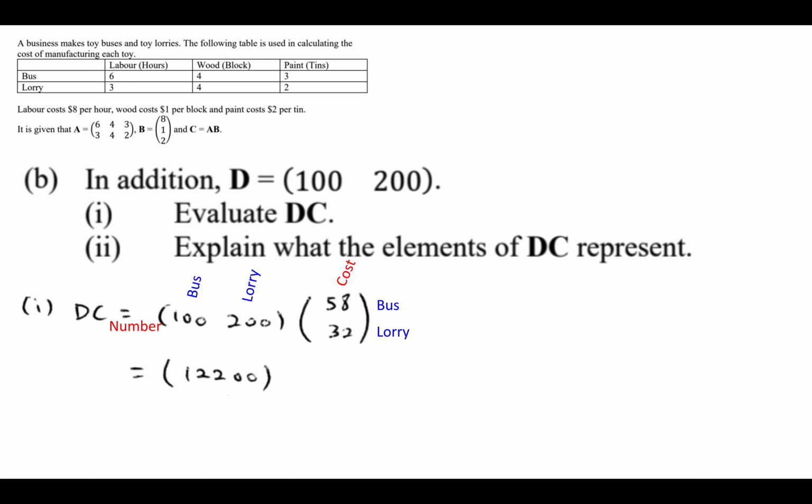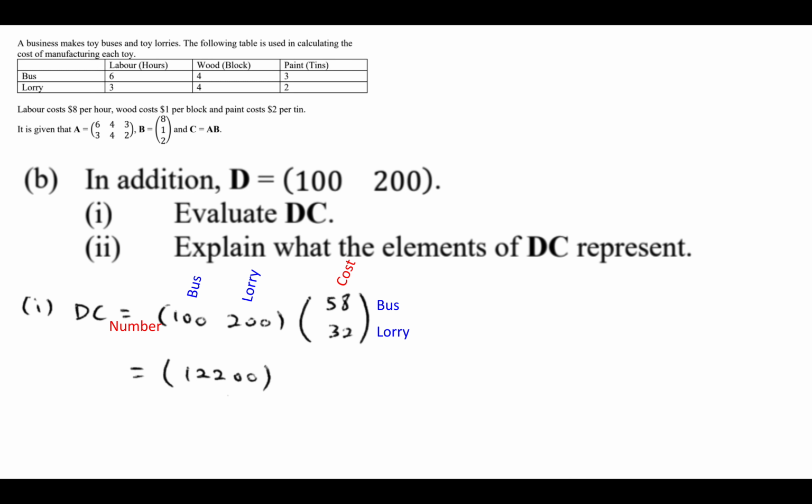We know that the columns of matrix D must match the rows of matrix C. Therefore, the first column is bus and the second column is lorries. So what do they represent? We can figure it out by doing a little bit of analysis: we are looking at a situation where we are trying to manufacture 100 buses and 200 lorries.